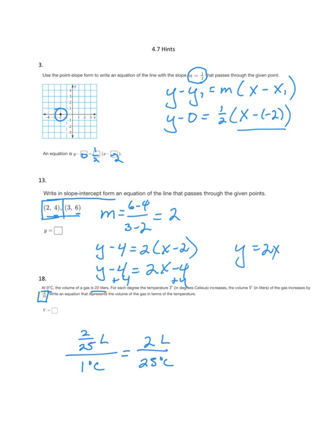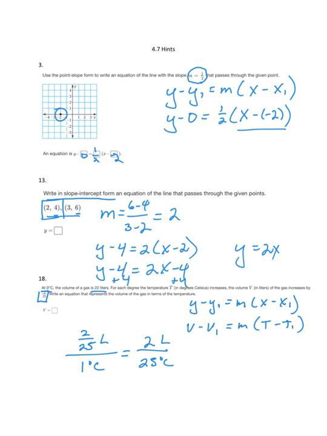So when we're doing our y minus y1 equals m times x minus x1, what we're really talking about here is our liters, or volume, V minus V1 equals our slope times temperature, T minus T1.